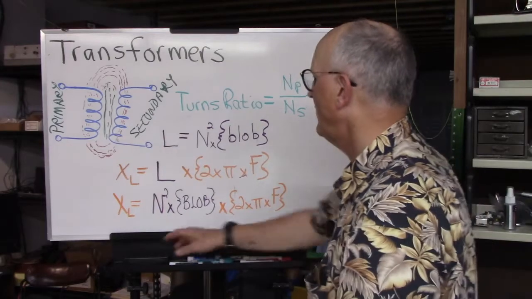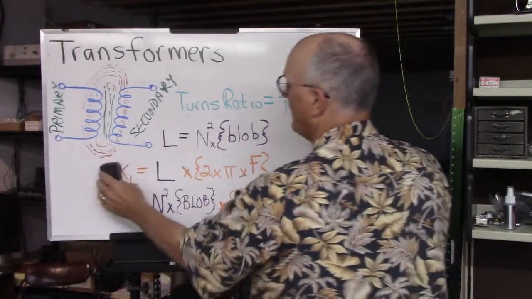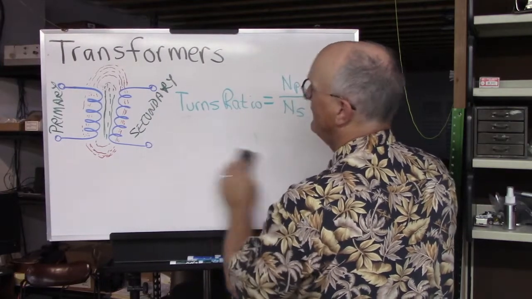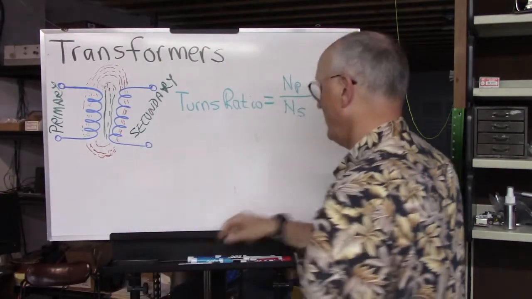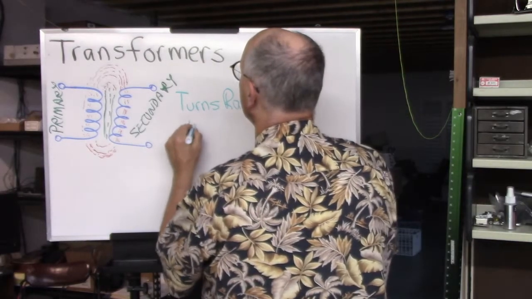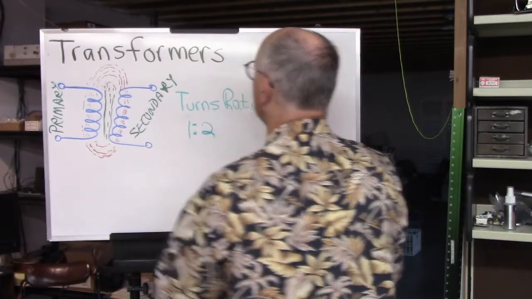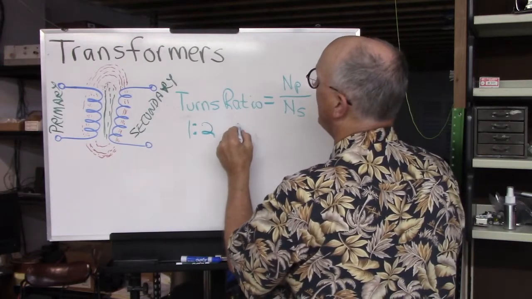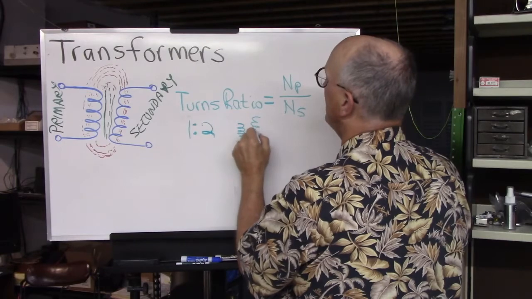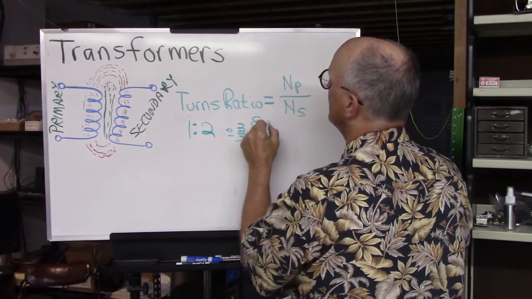Well, let's just do a quick little example here using the turns ratio and this very knowledge. So if we have a turns ratio, let's say, of 1 to 2, so that means that we might have 10 turns on this side and we have 20 turns on this side.